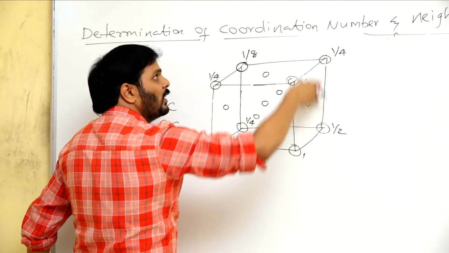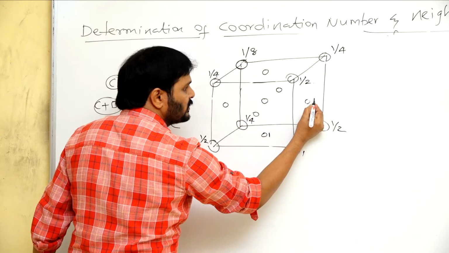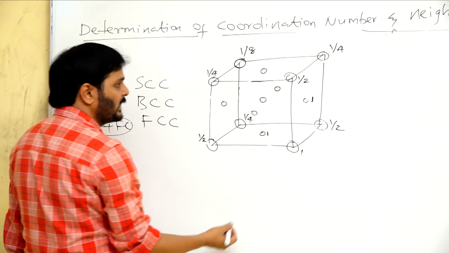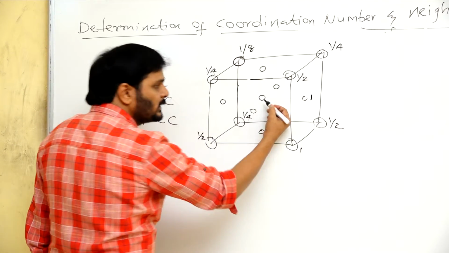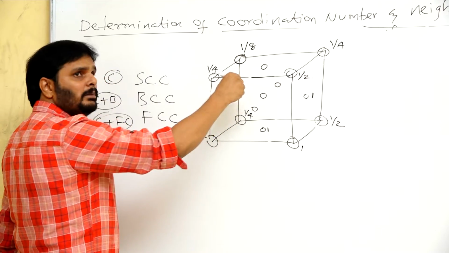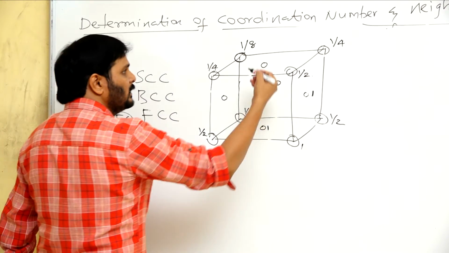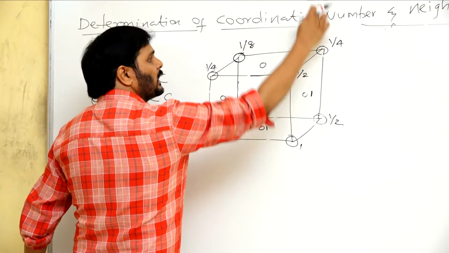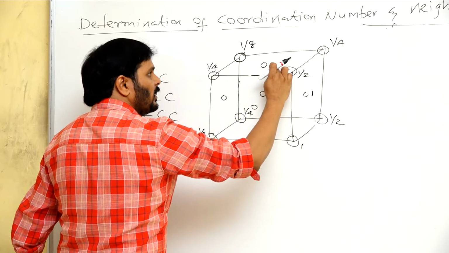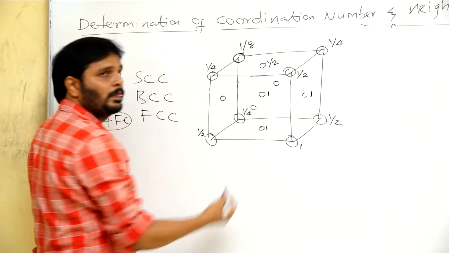This wall belongs to only that unit cell, so contribution is 1. Next, this is the body center. Body center means that atom belongs to only the middle, so contribution 1. Again, this is a face atom on a wall common to another room, and hence contribution is 1 by 2.